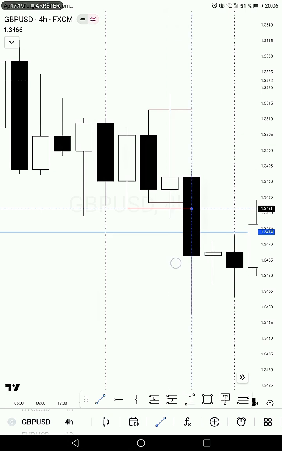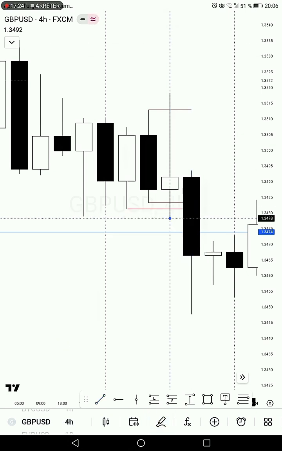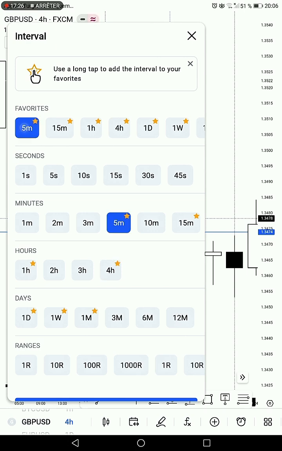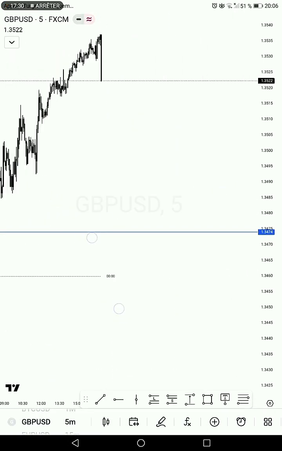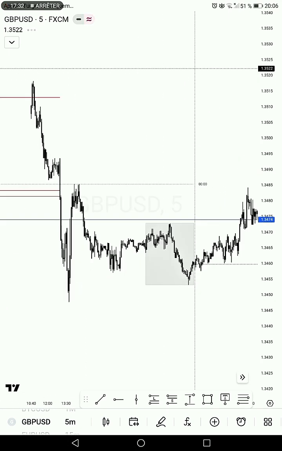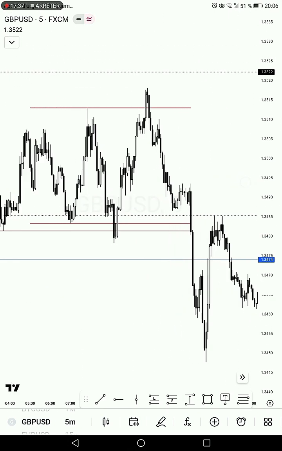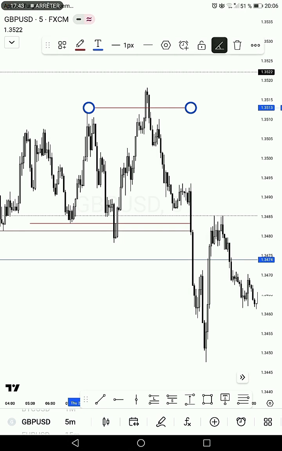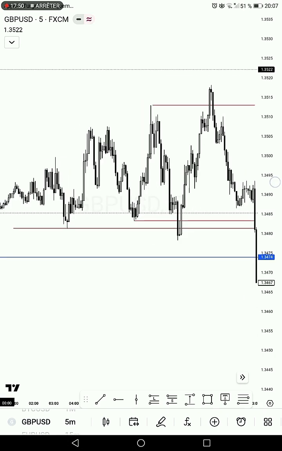Now projecting it to the 5 minute time frame. Here we are on the 5 minute time frame, and remember we are on Thursday price action. First draw on liquidity, which is our 5 a.m.'s low, and second draw on liquidity, which is our 1 a.m.'s low.